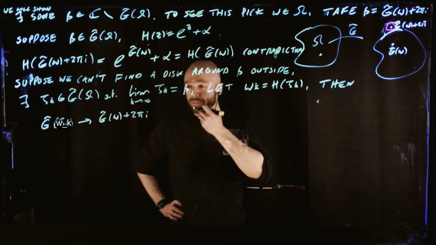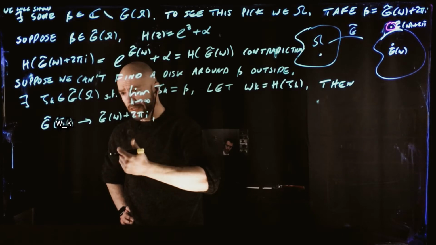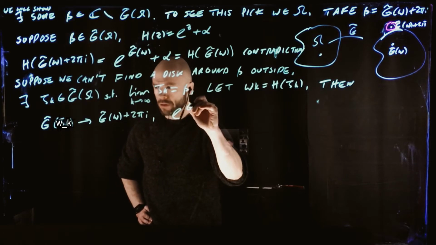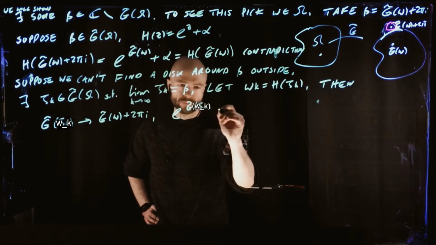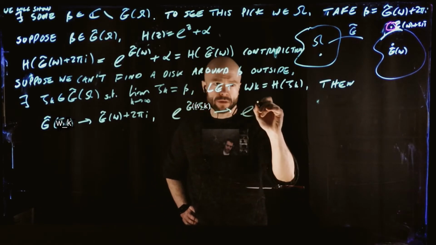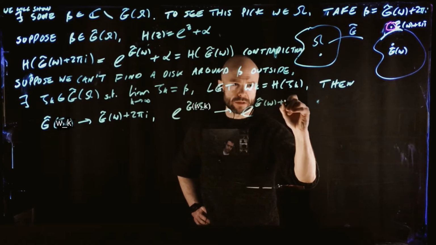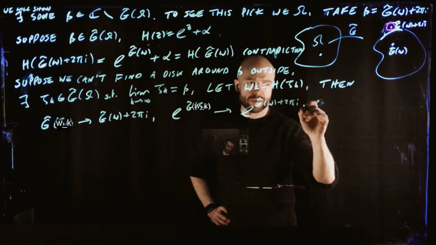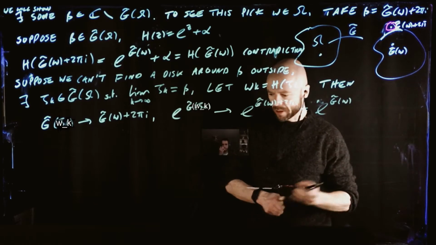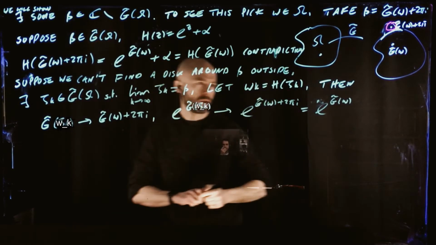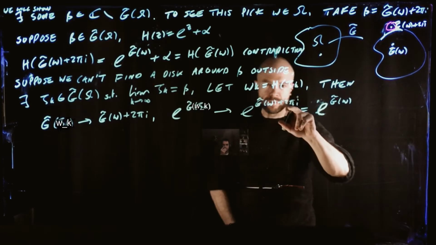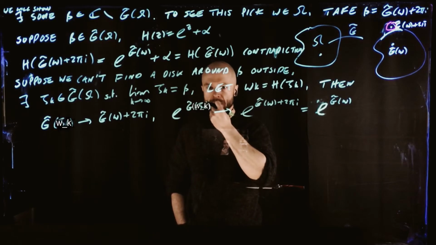Cool. So if this is the case, then let's take the exponential function of everything. The exponential function is continuous, so e to the G tilde of zeta k is going to tend to e to the G tilde of w plus 2 pi I. But that's the same as e to the G tilde of w itself, because again, the 2 pi I will just go away.